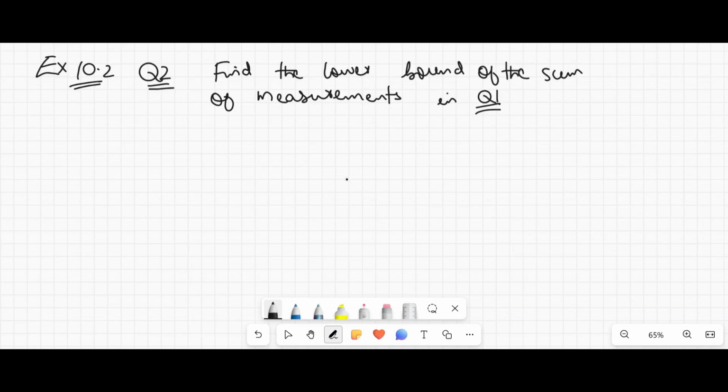So in question number 1, there was a task to find the upper bound of the sum. So now we have the lower bound of a sum.